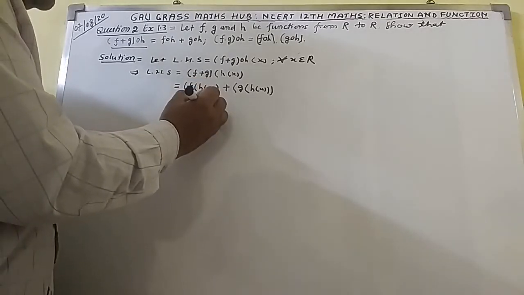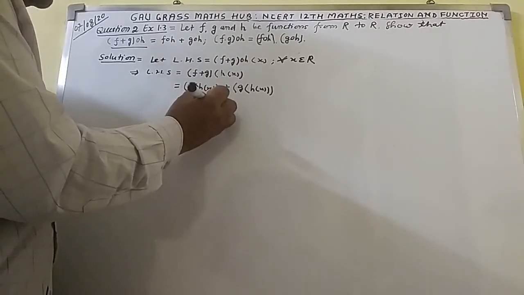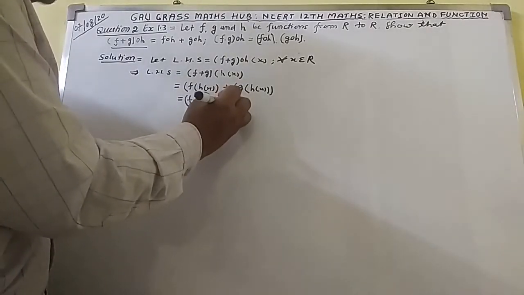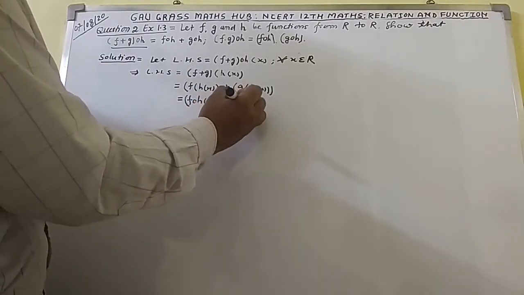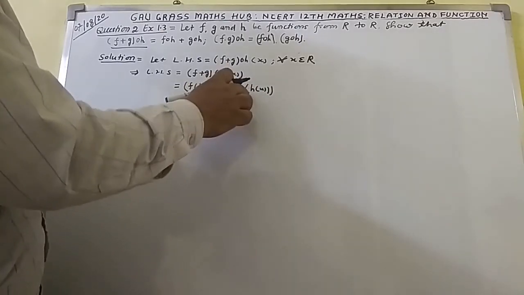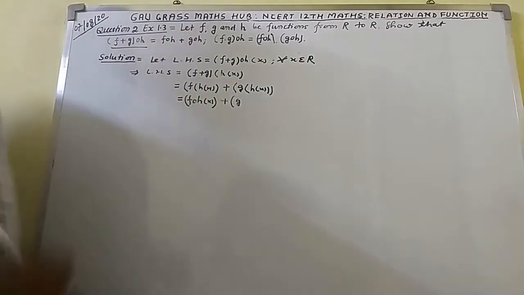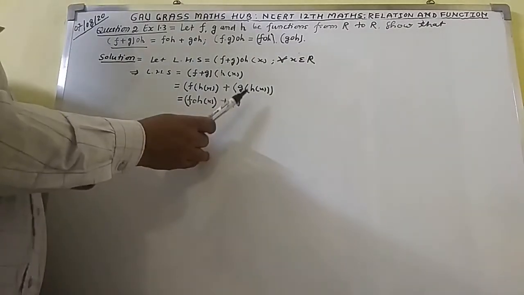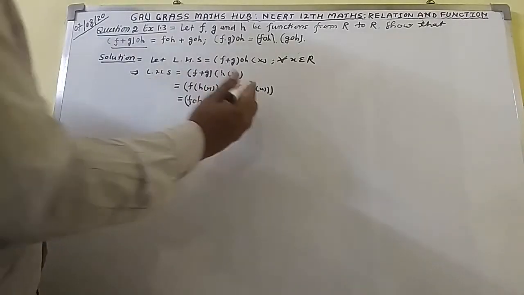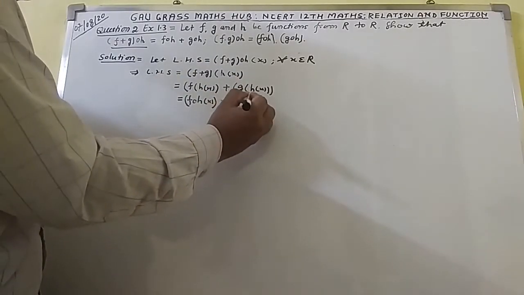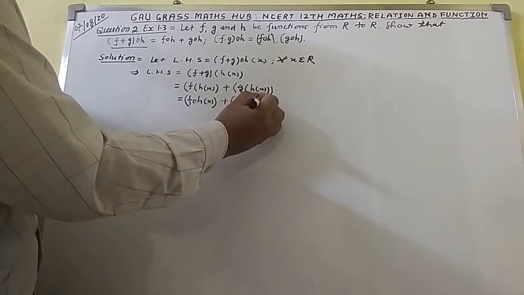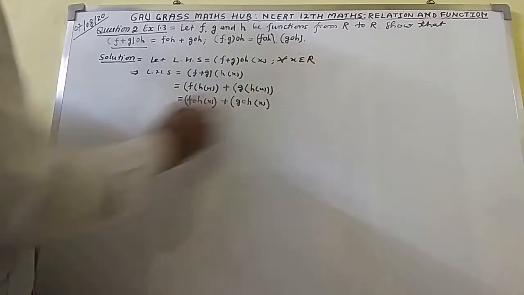Here write h(x). Now again I shall write small g. Here the half circle bracket is there, so this half circle bracket will be converted into small o. So here write small o, h(x).